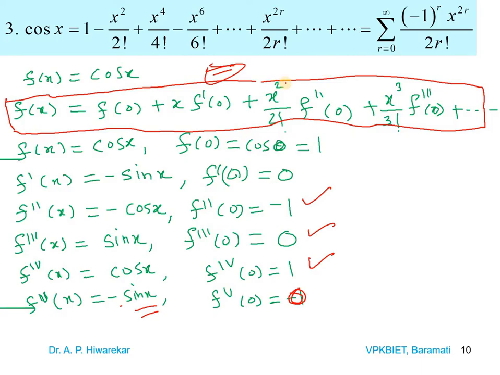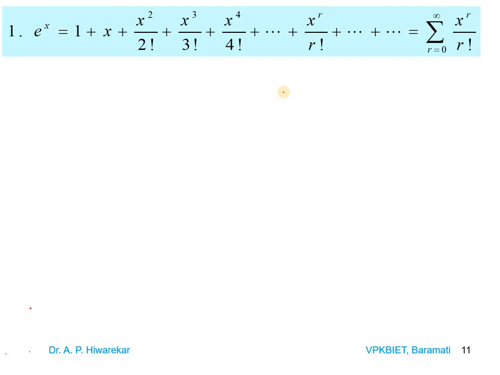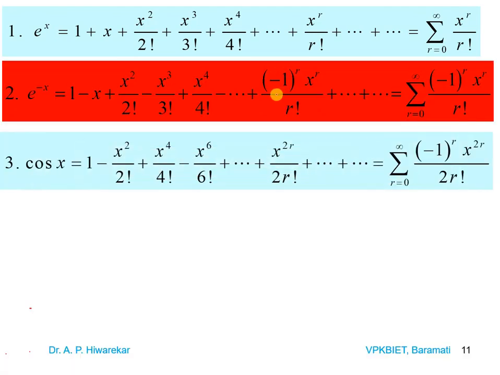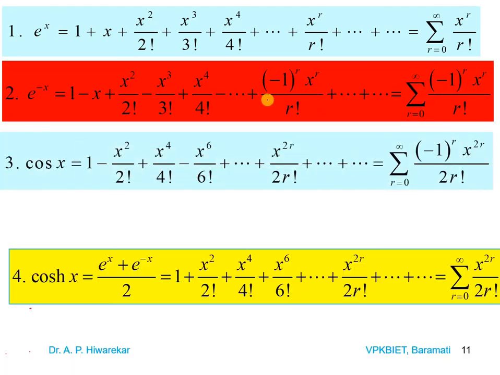In a similar way, I hope you are getting this. There is an expansion of, yes, we have these two formulas. Then cos x we know. Then there is another formula called cos hx. This is called a hyperbolic function.